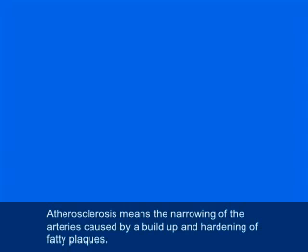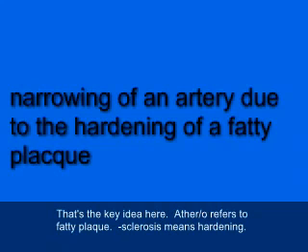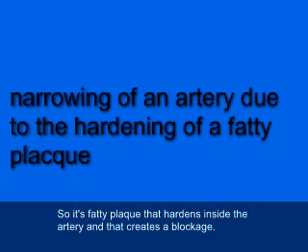Well, atherosclerosis means the narrowing of the arteries caused by a buildup and hardening of fatty plaques. That's the key idea here. Athero refers to fatty plaque. Sclerosis means hardening. So it's fatty plaque that hardens inside the artery, and that creates a blockage.